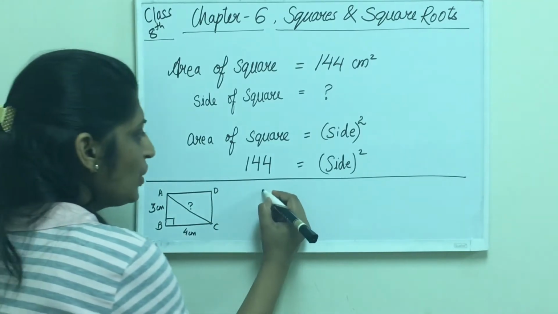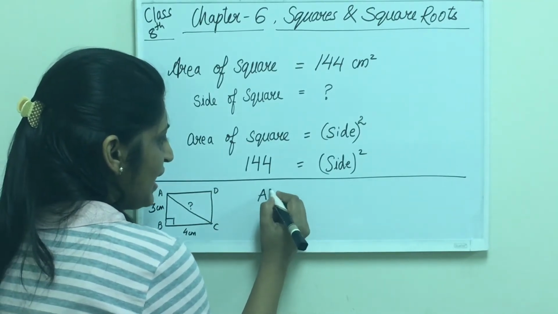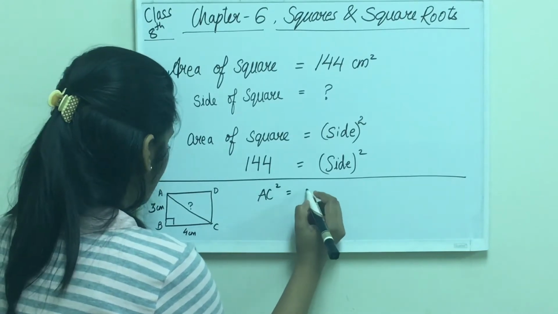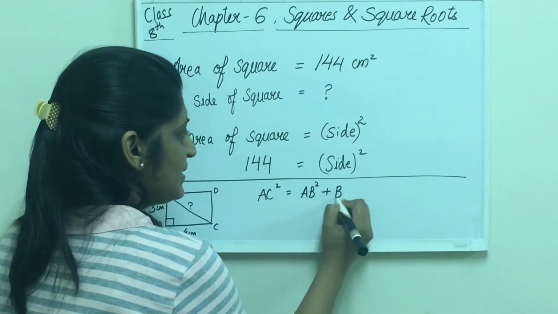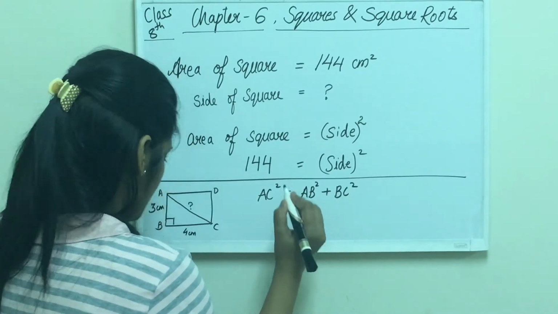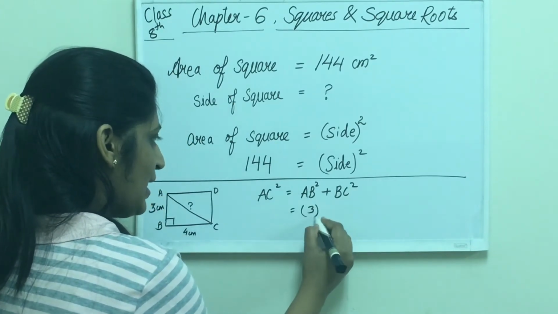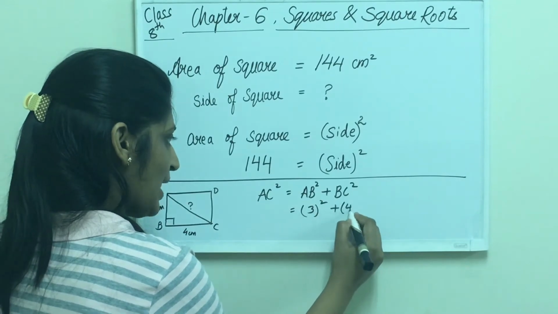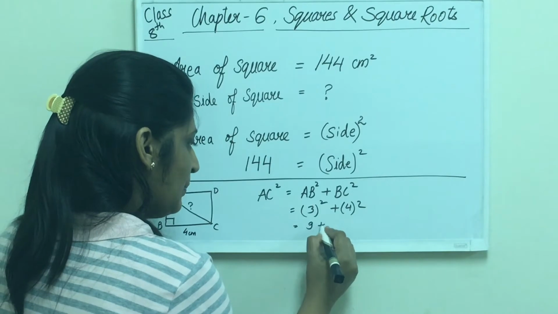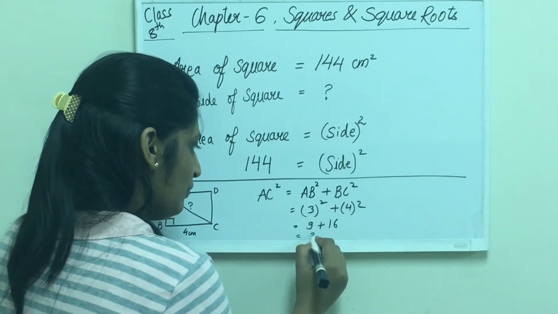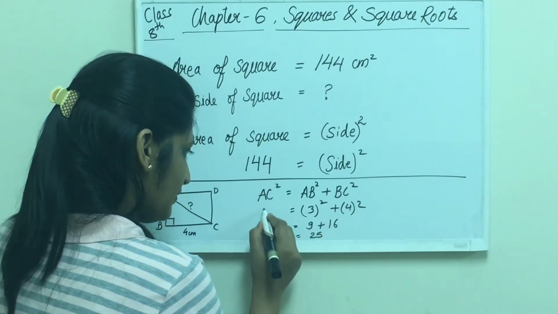Since you all know that AC square will definitely be equal to AB square plus BC square, which is 3 square plus 4 square, which is 9 plus 16, which is 25.